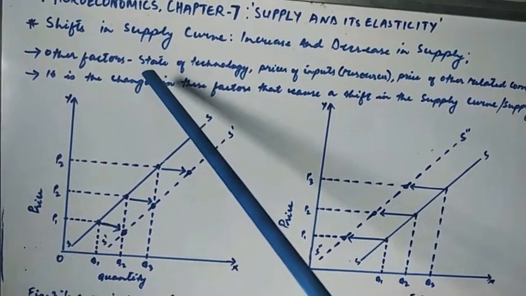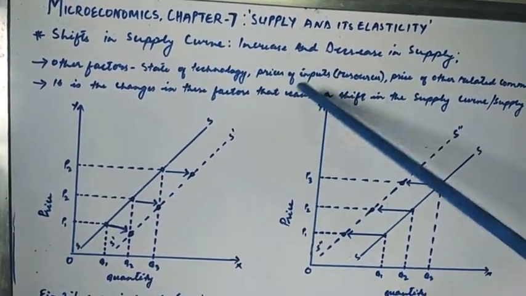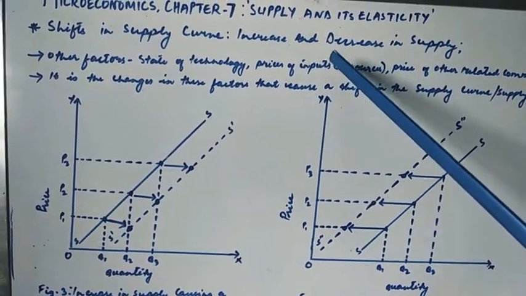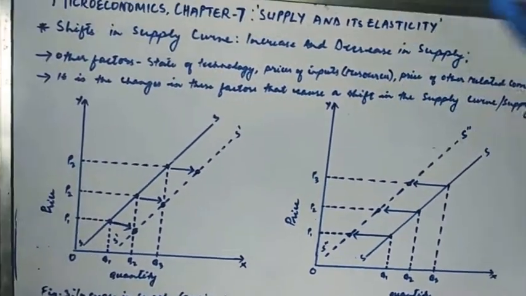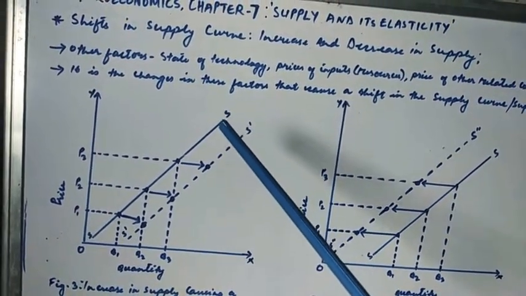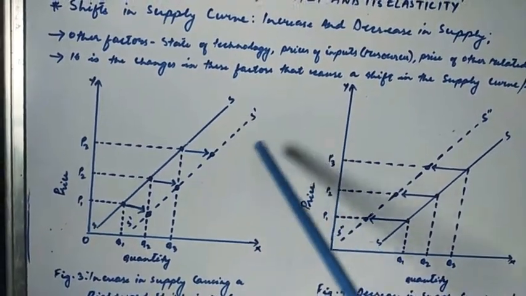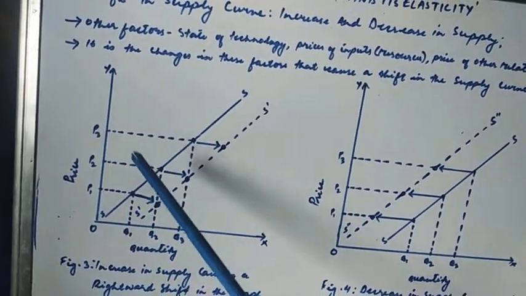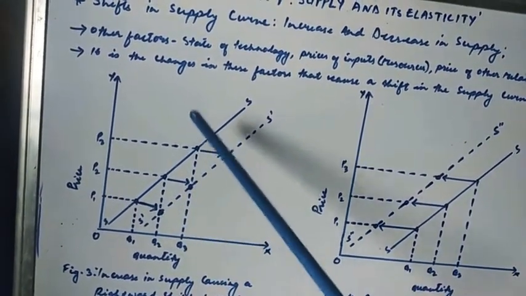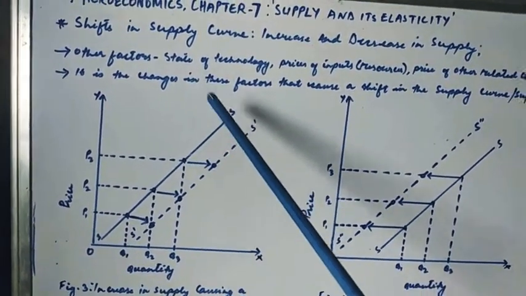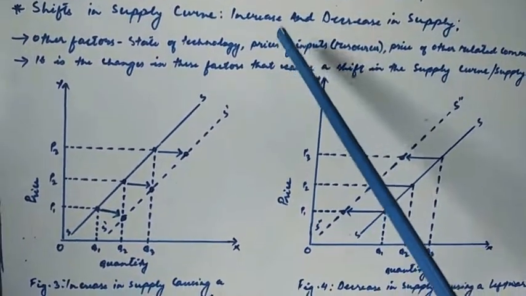When technology advances, when the price of inputs falls or increases, and when the price of other related commodities changes, it will affect the supply curve so that it shifts either towards the right or towards the left. There won't be any contraction or extension taking place when these factors, which we assumed to be constant, change.